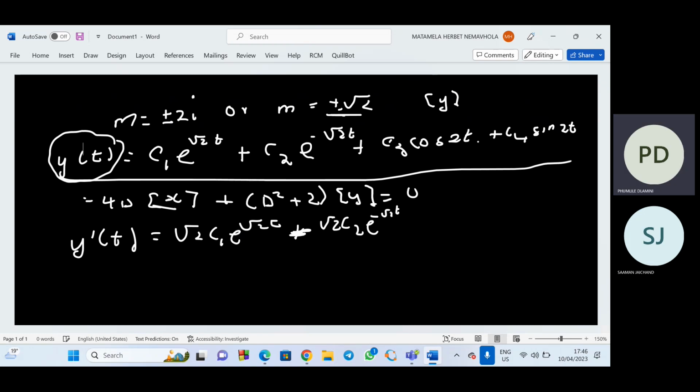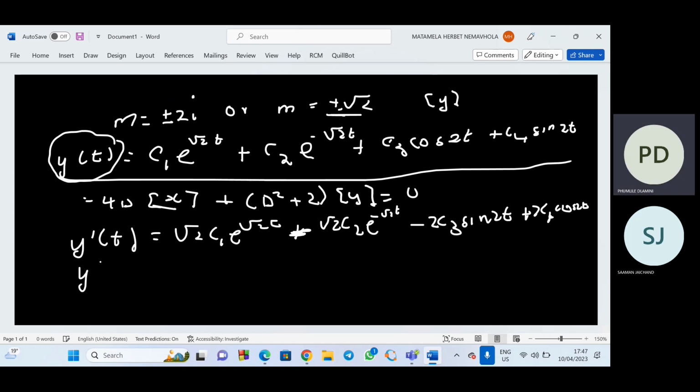Then when we differentiate cos 2t, we change the sign to negative, and it is going to be minus 2c3 sine 2t. Then when we differentiate sine 2t it is going to be plus 2c4 cos 2t. Then this is y prime.